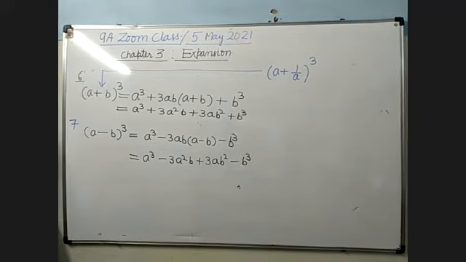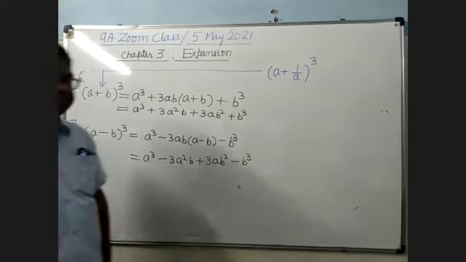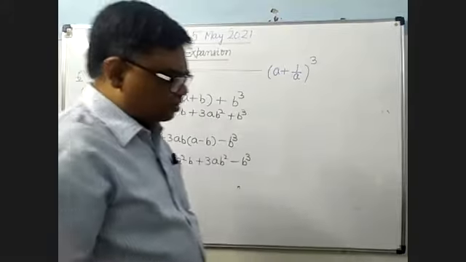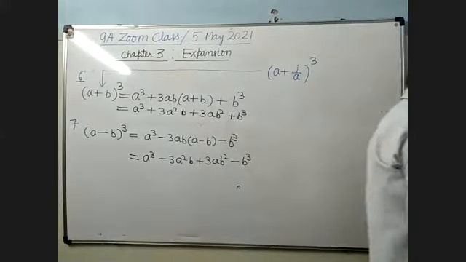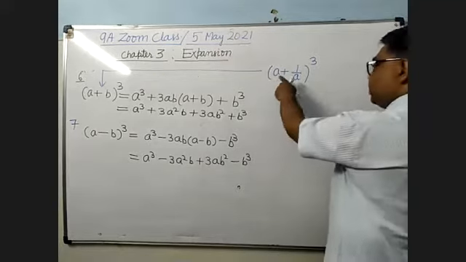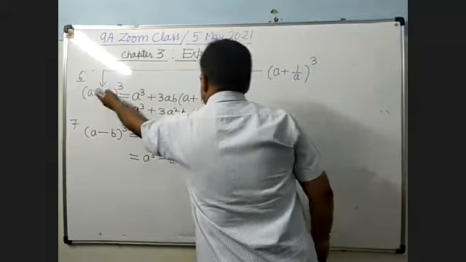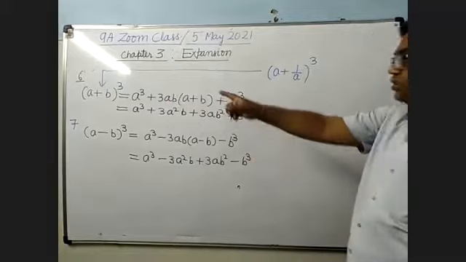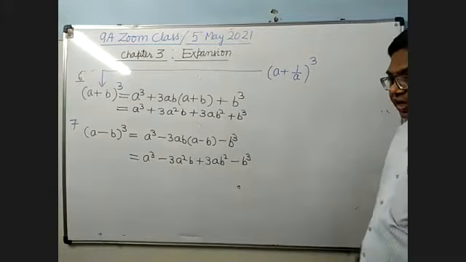It's clear? What is in place of a? A. What is in place of b? 1 upon a. In place of a, there is a, and in place of b, there is 1 upon a.